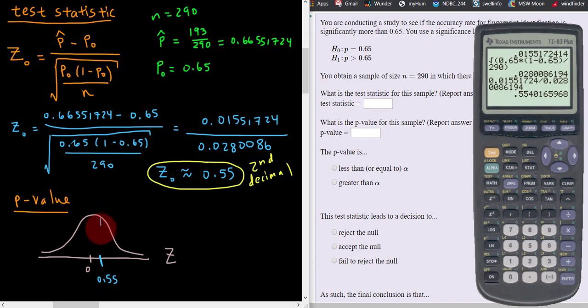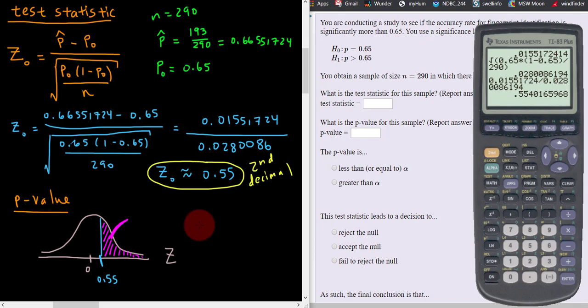We want the area to the right of this test statistic, and it's to the right because this was a right-tailed test. If this was a left-tailed test, I would be shading the other direction. So this is our p-value, and that's what we want to go find in the z-table.